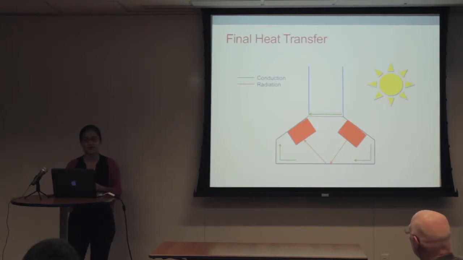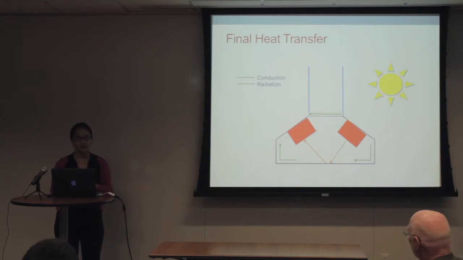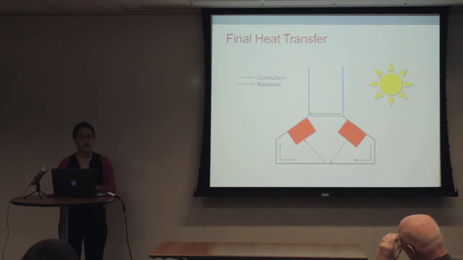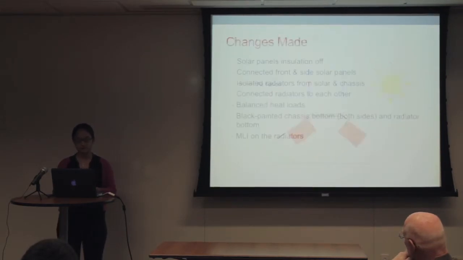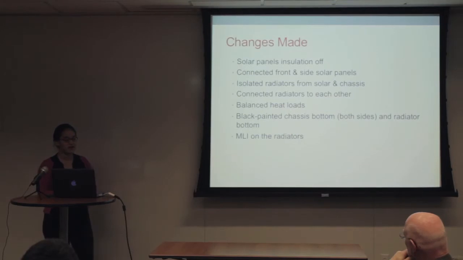I also painted the inside of the radiators, the bottom of the chassis on the inside here, and the electronic components black, and that will help radiate the heat better within the rover. And so now we have both conduction and radiation, which are the two types of heat transfer that are possible in space.